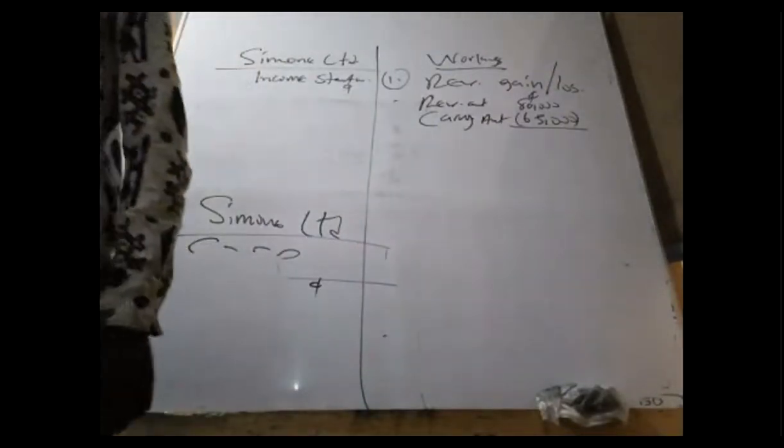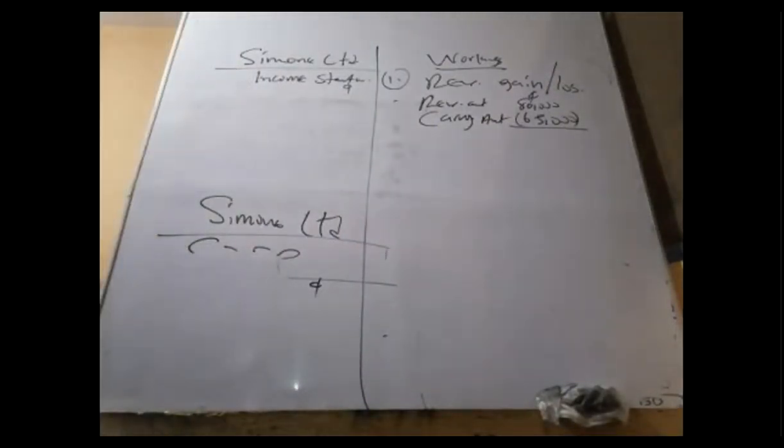For this particular question, I'll prepare everything, so make sure that you get every part. So what do you get? 80,000 minus 65,000 gives us 15,000.